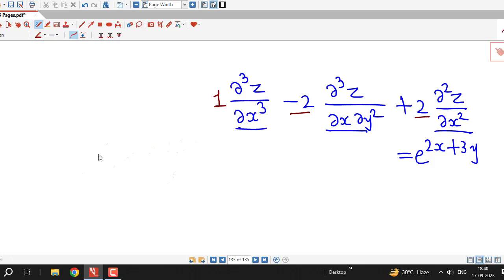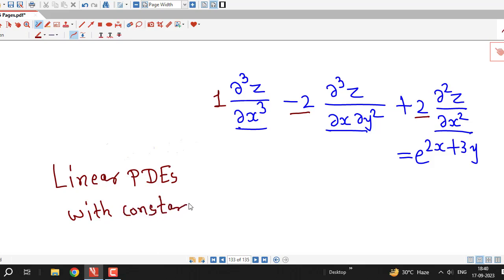As in the case of ordinary differential equations with constant coefficients, here also our focus is on linear partial differential equations with constant coefficients. If all the coefficients of z and its derivatives are constant, then the partial differential equation is called linear partial differential equation with constant coefficients.